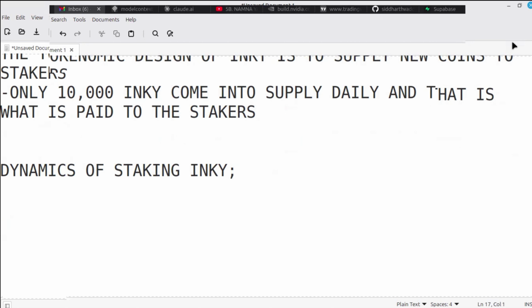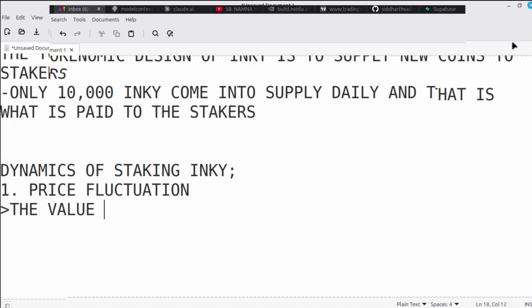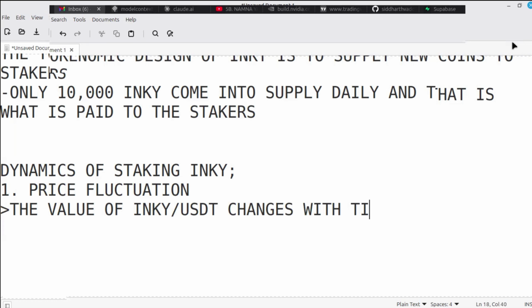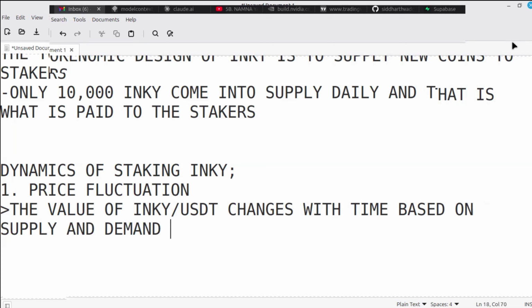Now, that's what we want to see. What causes the fluctuation? The first dynamic of this business is price fluctuation. So what does price fluctuation mean? It means the value of INKY against USDT changes with time, based on supply and demand concepts.